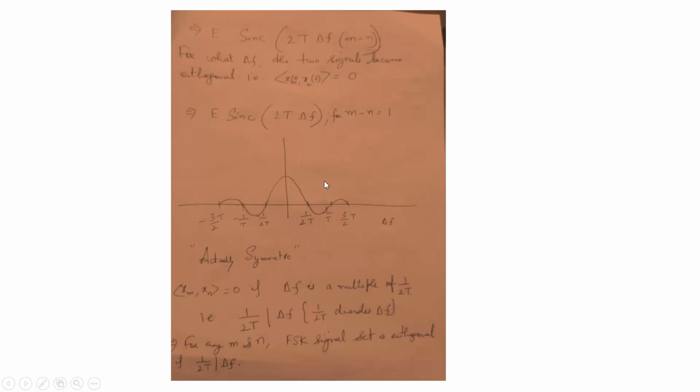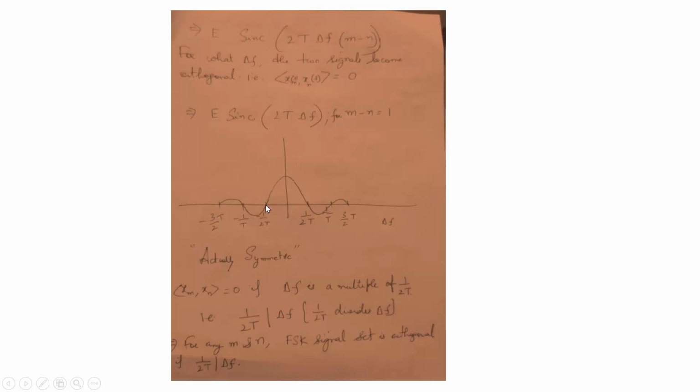Right. So in that case, if Δf for m minus n equal to 1, and if Δf is equal to 1 by 2T, this dot product will go to 0. So when Δf is equal to 1 by 2T, this function will go to 0.